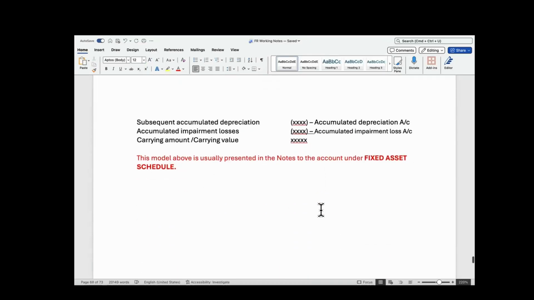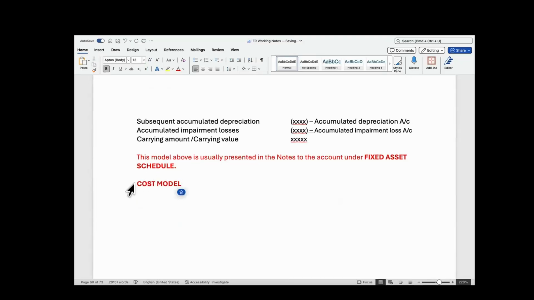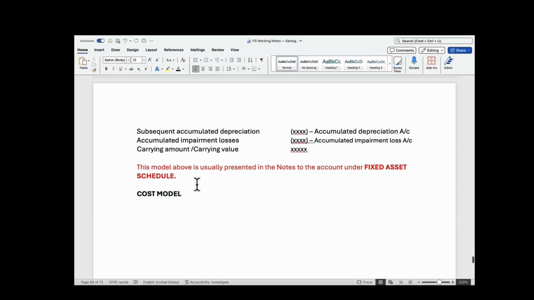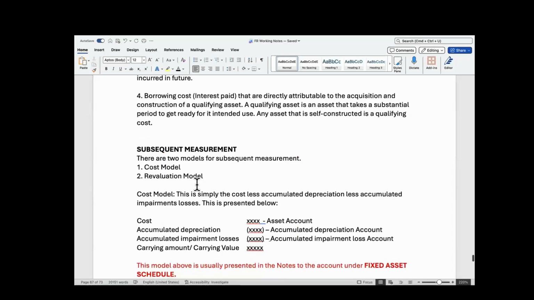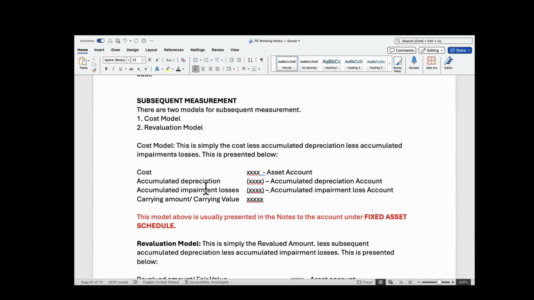So now, let me go back to the cost model first. Now, this cost model here, you can see the way it is computed. I've already explained cost to you, which is the component of costs.